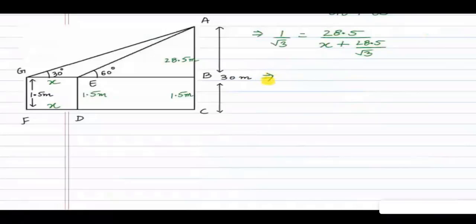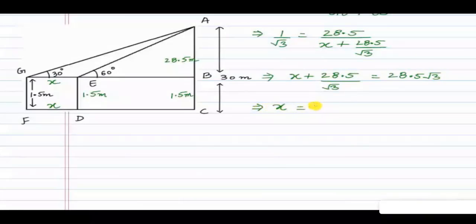Now this will imply, from cross multiplication here, we will have X plus 28.5 divided by root 3 is equal to 28.5 into root 3. This will imply from here our X will be equal to 28.5 root 3 minus 28.5 divided by root 3, and the units will be meters.